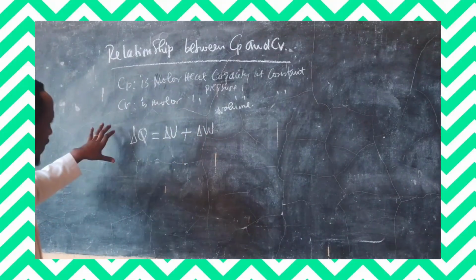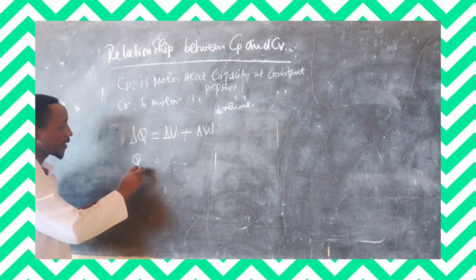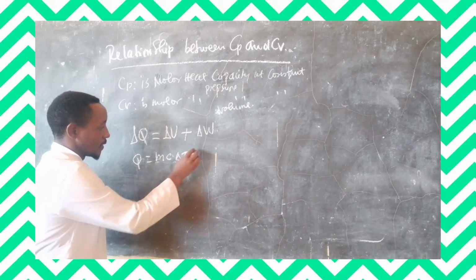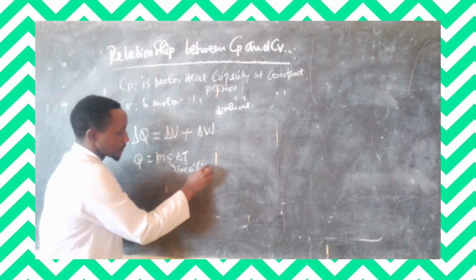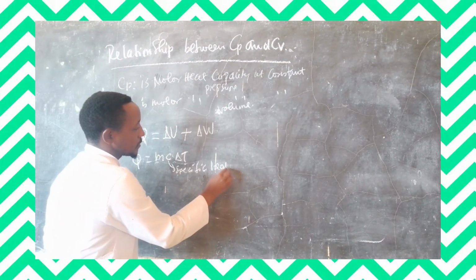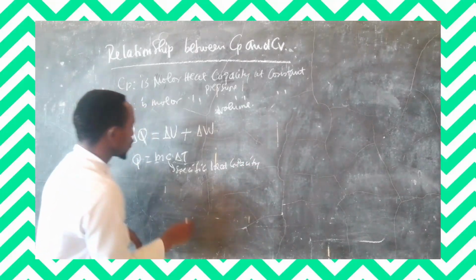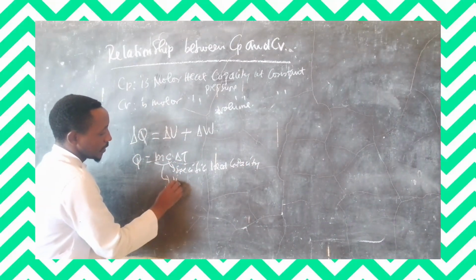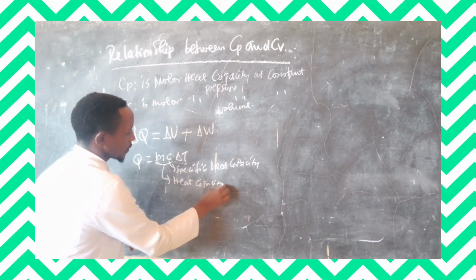In general, Q is equal to mc dT, where c is called specific heat capacity. When you multiply m and c, this is called heat capacity.